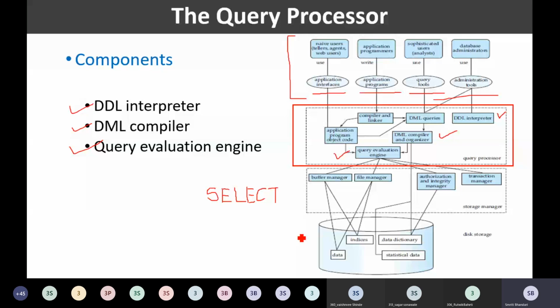Another plan of execution would be like this: first, out of 500 instructors, I pick up all the instructors who have a salary greater than 60,000. In this situation, I may come up with, say, 200 instructors with a salary greater than 60,000.